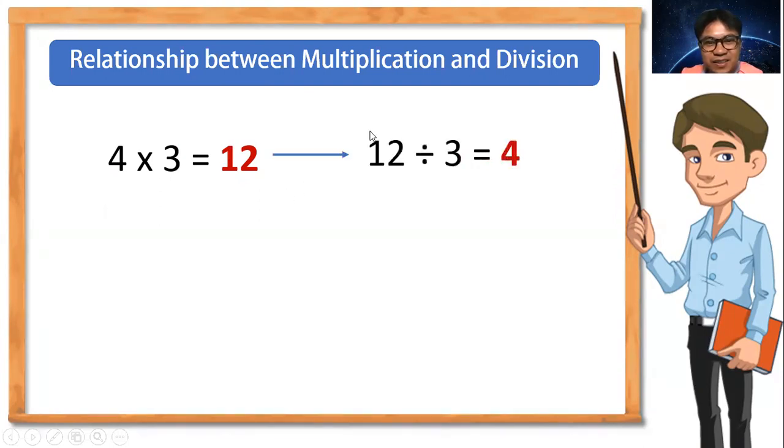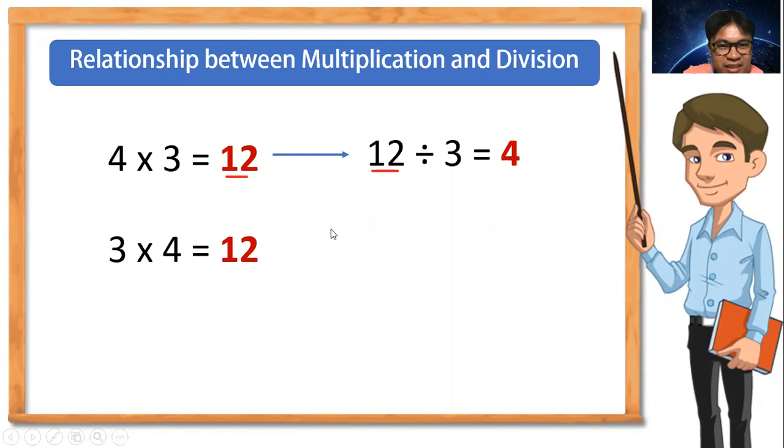So you can write in a division equation the product as the dividend. See here, opposite of multiplication. So 4 times 3 equals 12, or in division, 12 divided by 3 equals 4. You see, all the numbers are here. That's how they are related to each other.